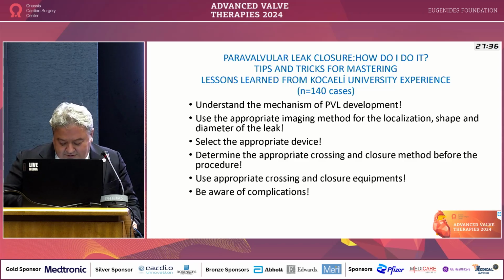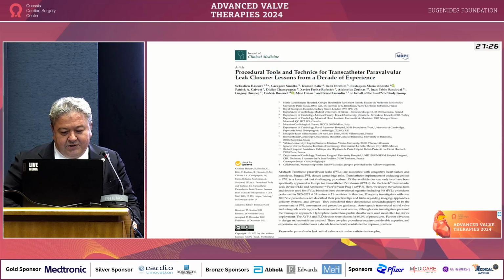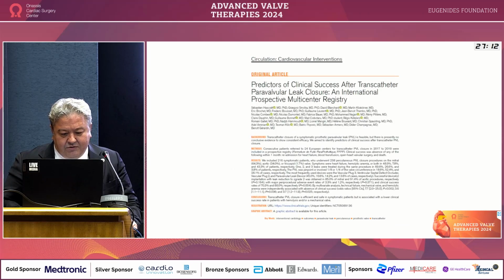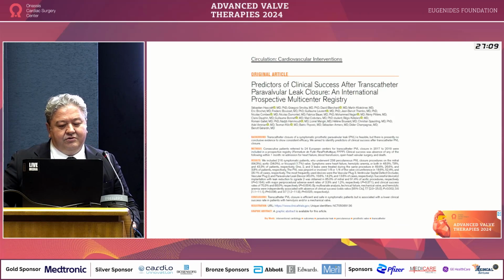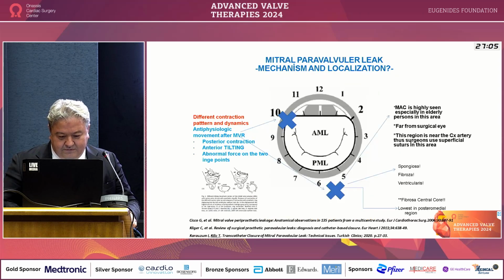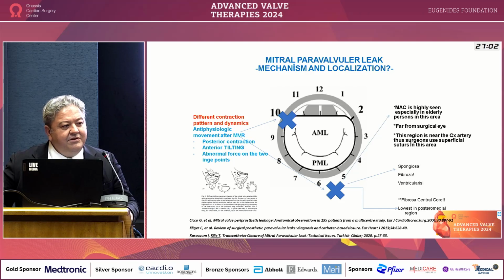We learned these lessons from many cases, since we are a referral center for paravalvular leak closure in our country. We published this with the European paravalvular leak group, our family, in the Journal of Clinical Medicine, and also in Circulation, on predictors of clinical success after paravalvular leak closure.